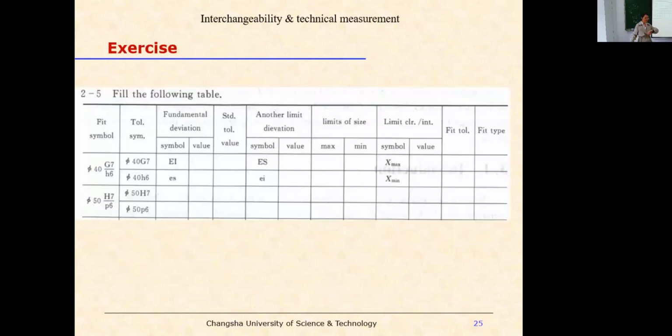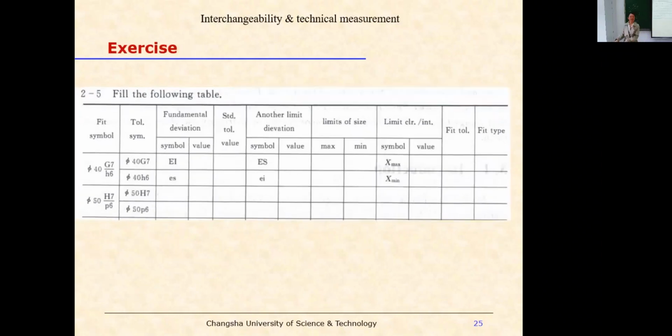Okay, this is the class content. The exercise, if it's about 12, this is for homework, okay? If we have time, we can do it in class, but we don't have time.